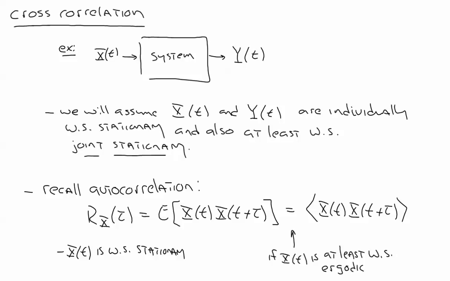So what does cross-correlation look like? For joint stationary processes X and Y, cross-correlation looks like this. We subscript it with both x and y. It's a function of an absolute shift parameter tau, and it's going to be the expectation of x of t times y of t plus tau.